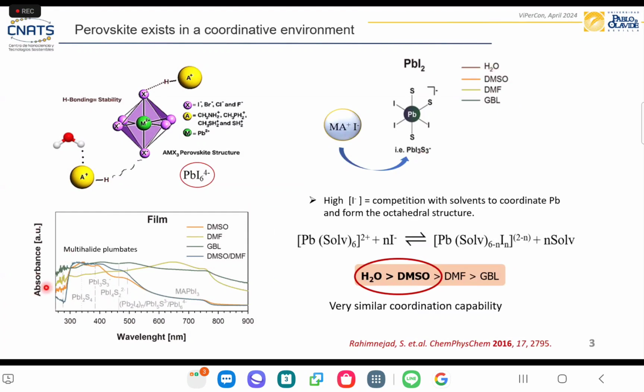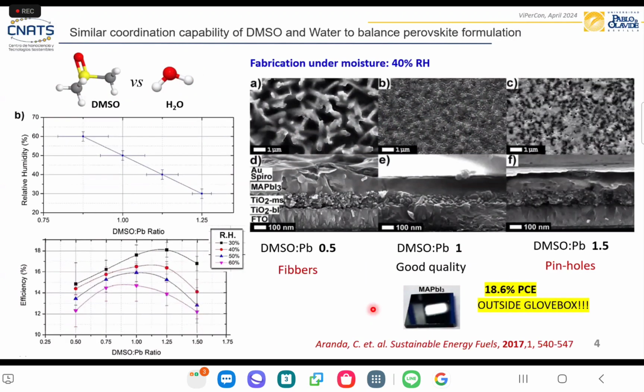So analyzing by the UV absorbance spectrum, we demonstrate that the water and DMSO, dimethyl sulfoxide, have a very similar coordination capability. So we take this to our benefit for the next work, demonstrating that we in fact have a linear relationship between the relative humidity of the ambient and the DMSO-lead ratio in the precursor solution.